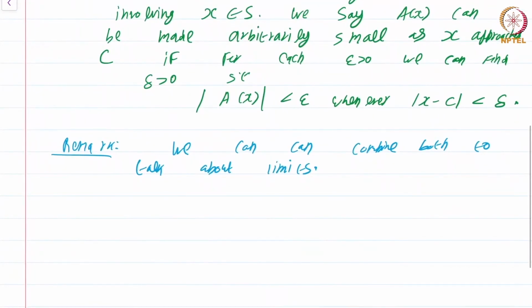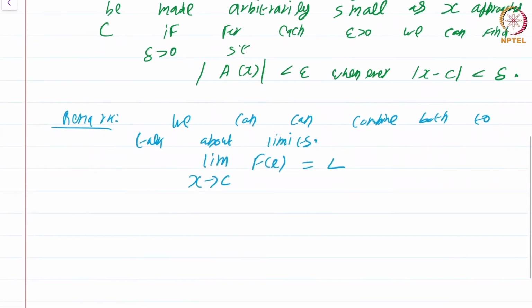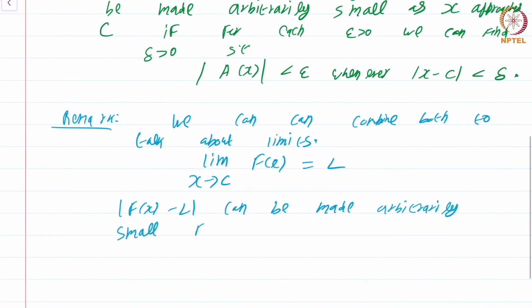We can rephrase limit as x going to C of f(x) equal to L as saying mod f(x) minus L can be made arbitrarily small for x sufficiently close to C.